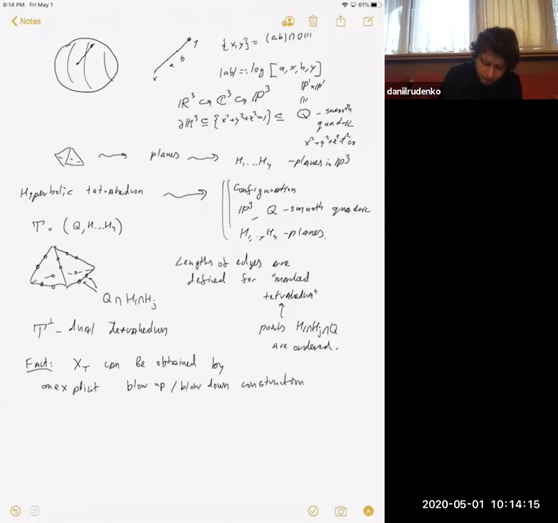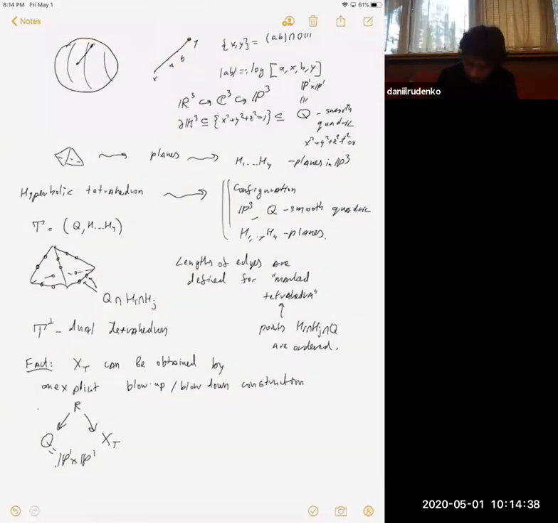This is done as follows. One takes this Q, and then Q should be blown up and then blown down to this X_T. Q is a quadric, just P1 cross P1. And one blows up in 12 points, which are exactly these marked points.